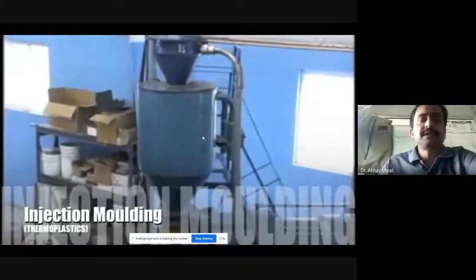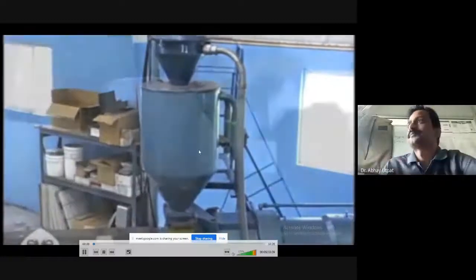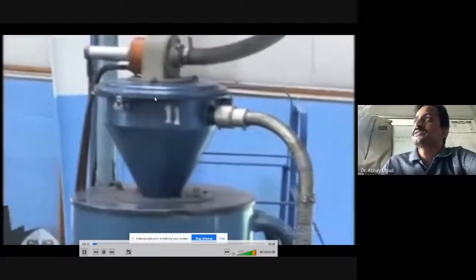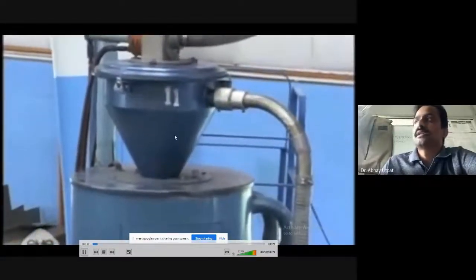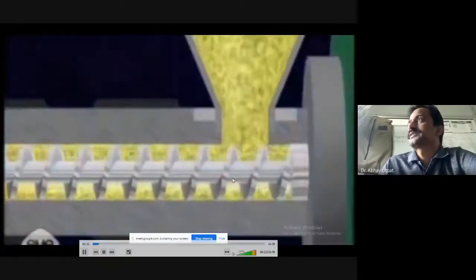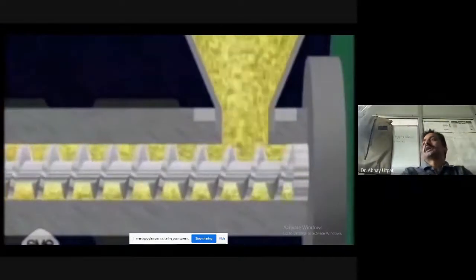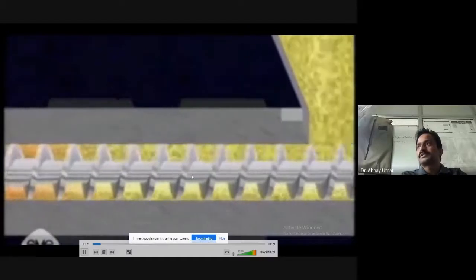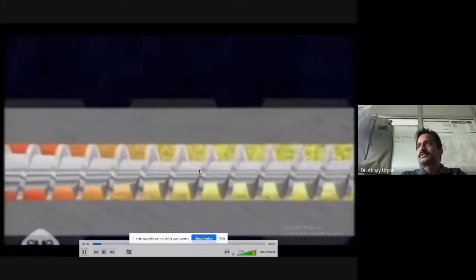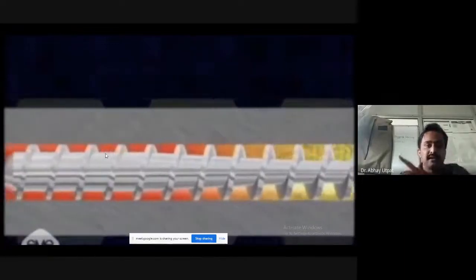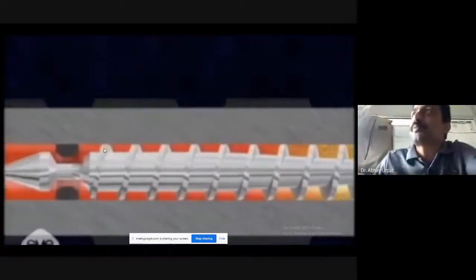See this now, the injection molding process. Starting in the hopper, the material is fed, and then it enters. This is the simulation of how it enters, and this is the screw type of injection mold which I have explained to you. The screw is rotating, and because of this the color changes. Earlier the color was yellow, next it is red, which means it has reached the plasticized zone.